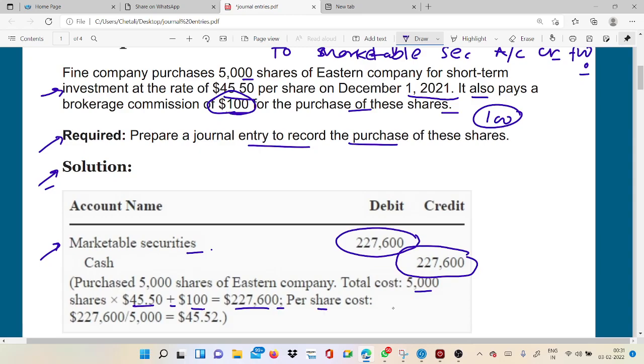And the per share cost would be, if you divide this amount 2,27,600 by this quantity, you will get the per share cost. Okay, and this would be your accounting entry.